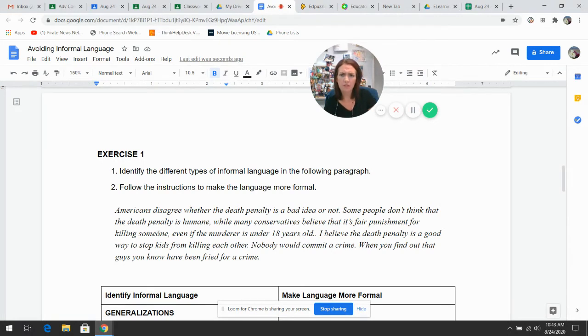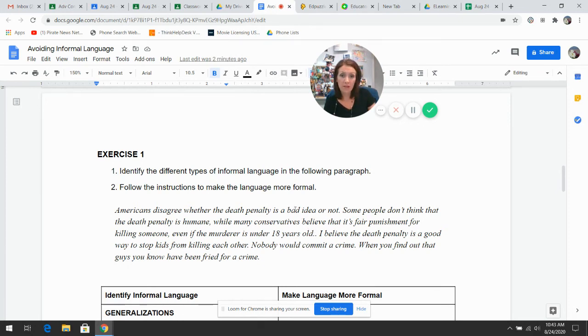Some people don't think the death penalty is humane, while many conservatives believe that it's fair punishment for killing someone, even if the murderer is under 18 years old. I believe the death penalty is a good way to stop kids from killing each other. Nobody would commit a crime when you find out that guys you know have been fried for a crime."